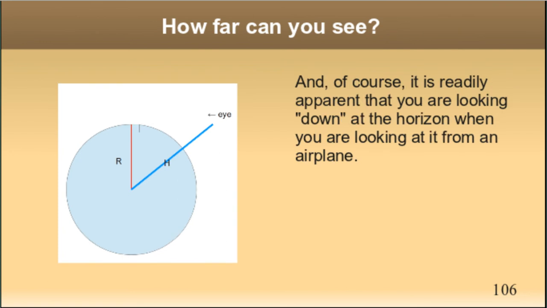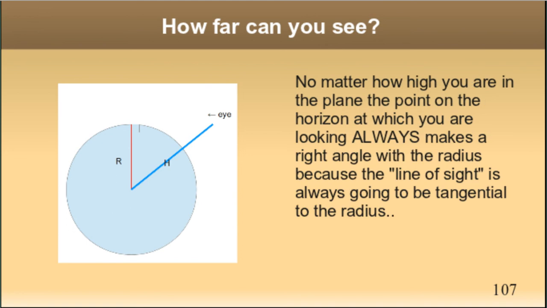And of course, it is readily apparent that you are looking down at the horizon when you are looking at it from an airplane. No matter how high you are in a plane, the point on the horizon at which you are looking always makes a right angle with the radius because the line of sight is always going to be tangential to the radius.